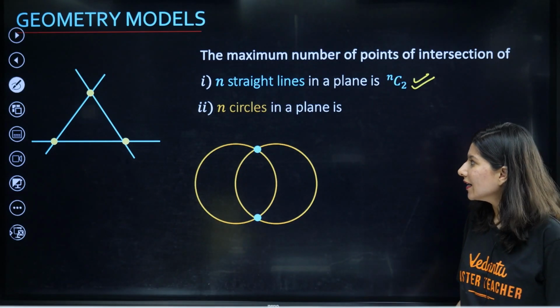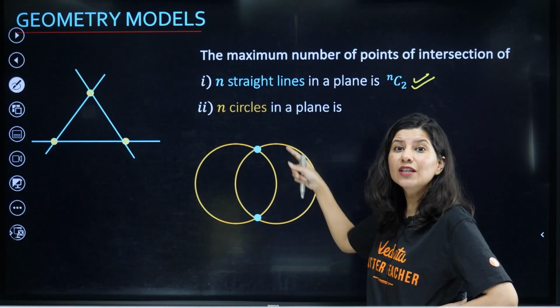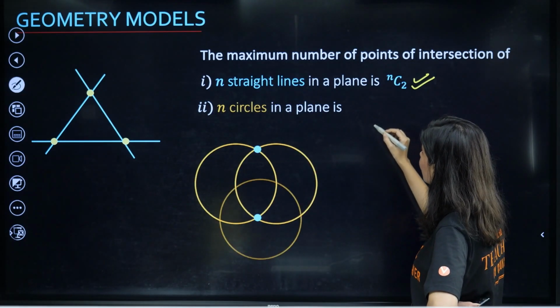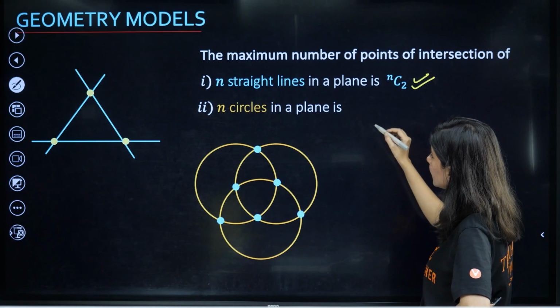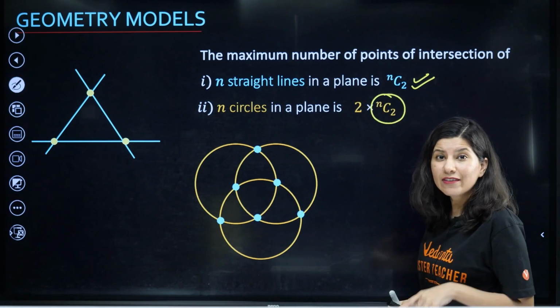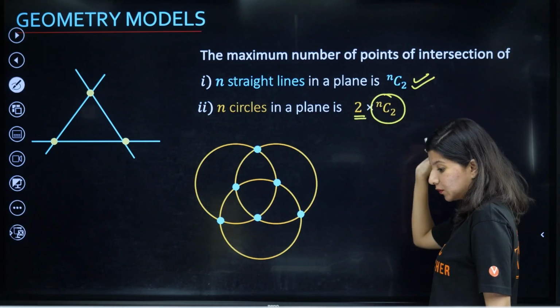Now understand, every 2 circles give me 2 points of intersection. So if I select 2 circles out of n, that is NC2, and 2 circles give me 2 points of intersection, so that is multiplied by 2.